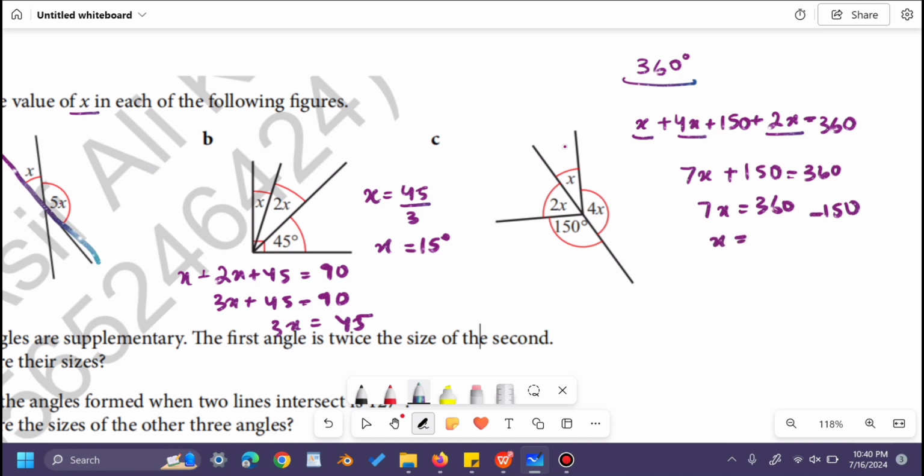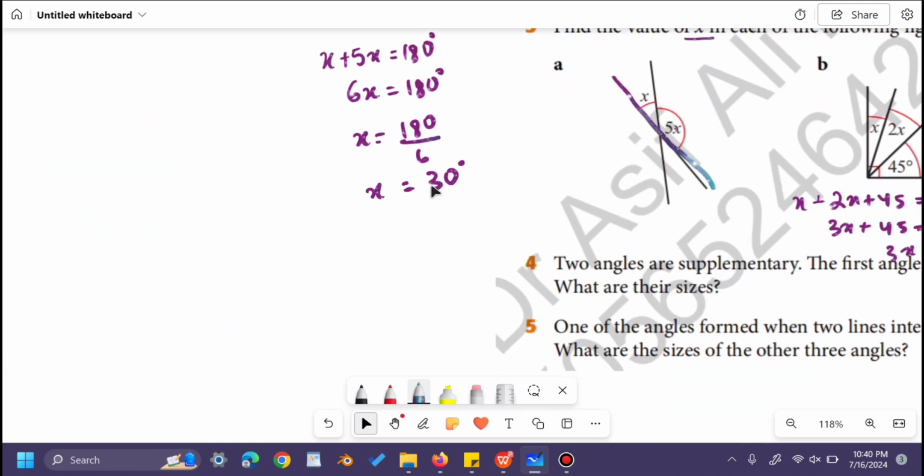X is equal to 210 divided by 7 and we will get the final value. 7 3s are 21, so x is equal to 30 degrees, right? So we got the answer for this question as well.